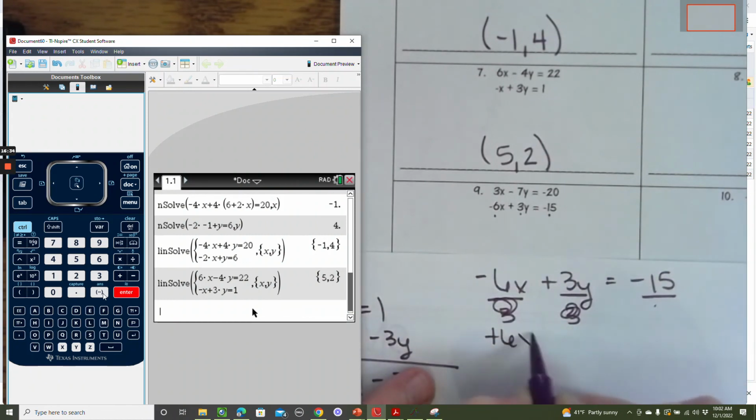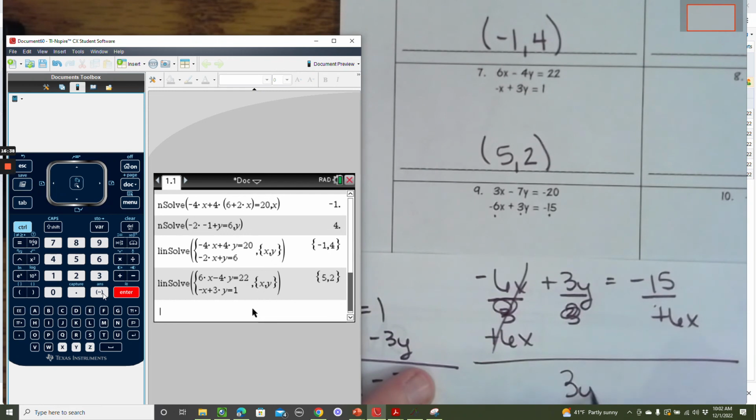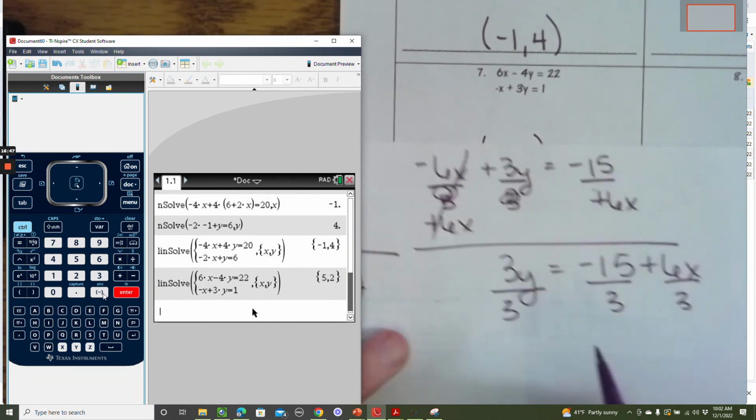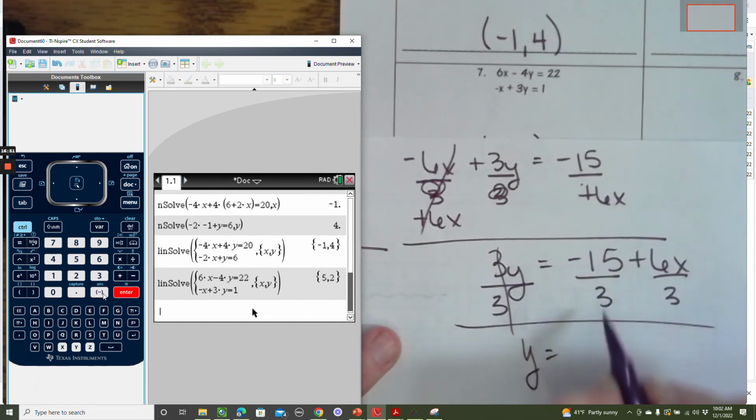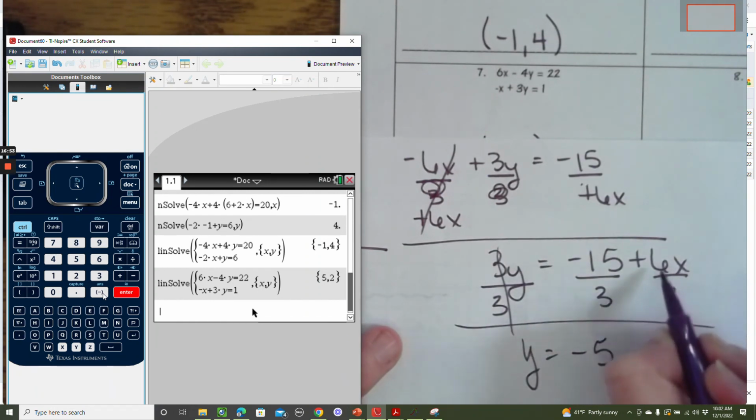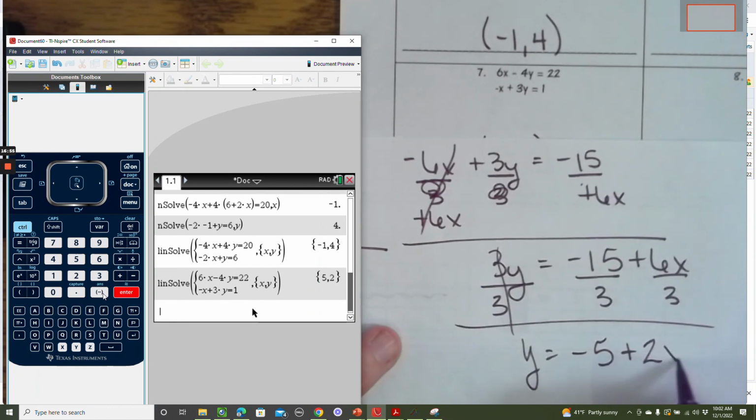So I can add 6x to both sides. So I've got negative 15 plus 6x, and then I can divide everything by 3. You just don't want messy numbers. You're trying to avoid messy numbers. Negative 15 divided by 3 is a negative 5. 6 divided by 3 is a 2.